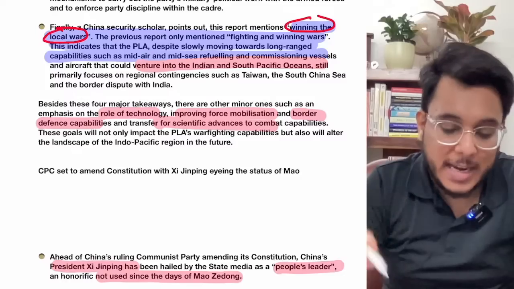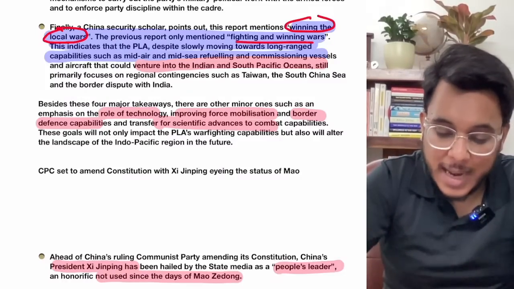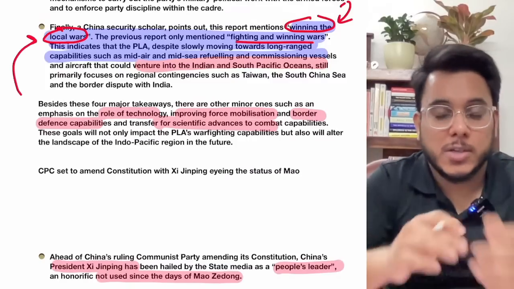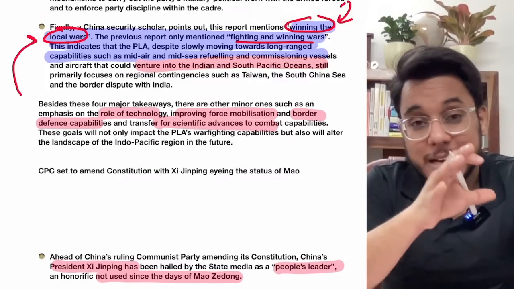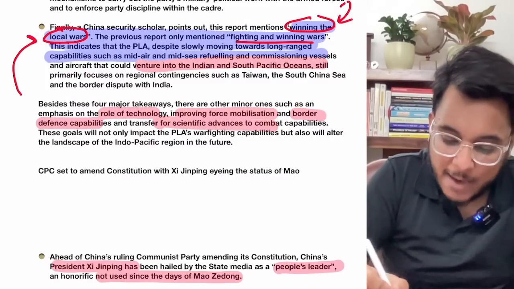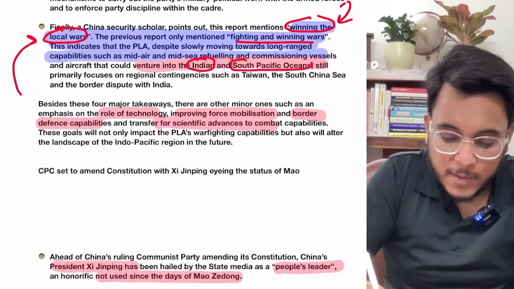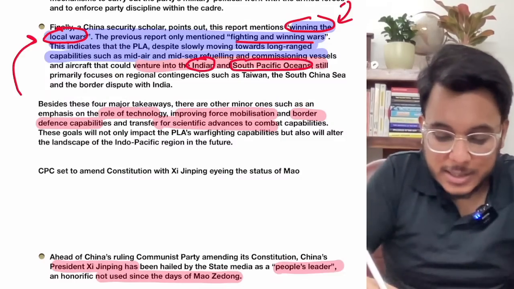Now in the past, China has focused on fighting and winning the war. Now they are talking about winning the local wars. What are the local wars? Local wars are the regional wars that are happening. China, for example, is having confrontations with many countries in the Indian Ocean, South Pacific Ocean, South China Sea, Taiwan.